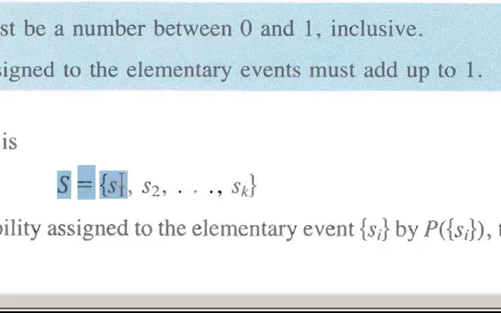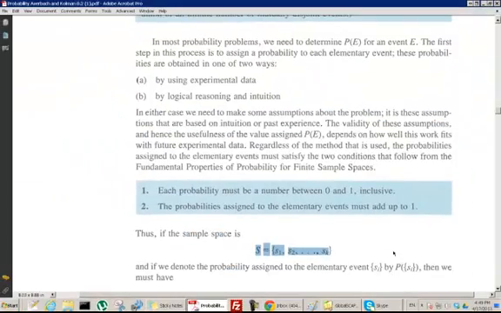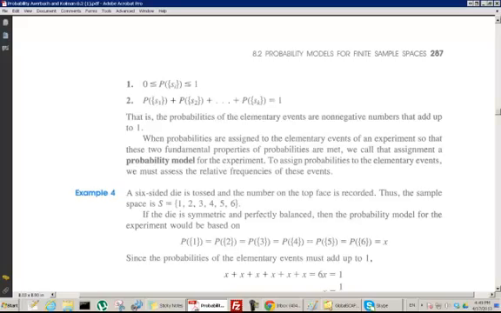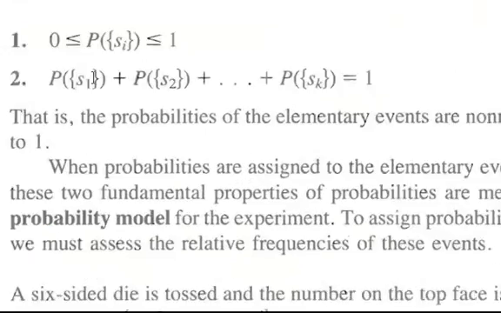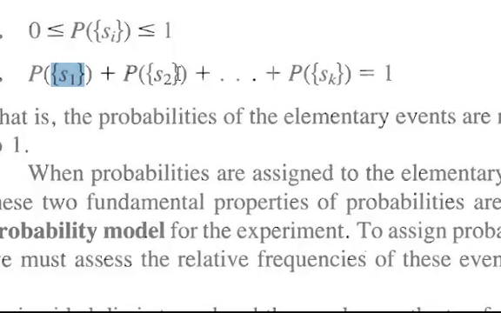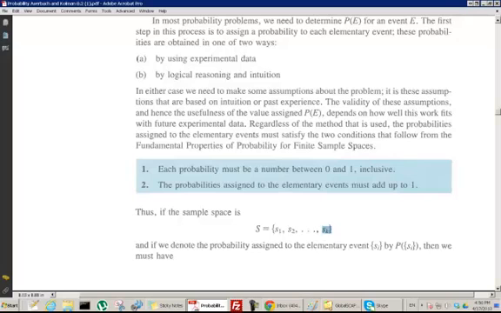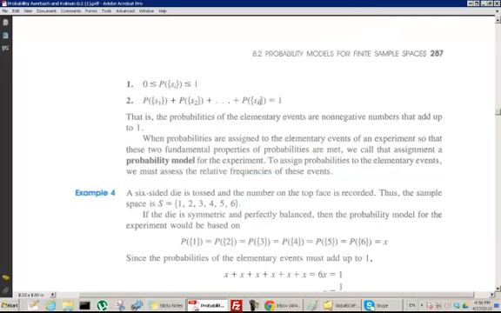So for example, if this is the sample space, then the elementary events would be this one, S1, and this one, S2, and all the way up to SK, because we said there were K elementary events. So the last one will be SK.